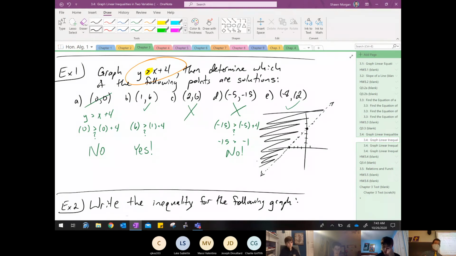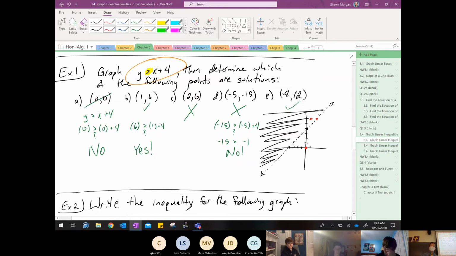Okay? Now, look at the answers that we had just run through in this example. Did 0, 0 give me a true statement? No. Guess what? We didn't shade over that. Did 1, 6 give me a true statement? Yes, we shaded over that region. 2 comma 6, did it give me a true statement?